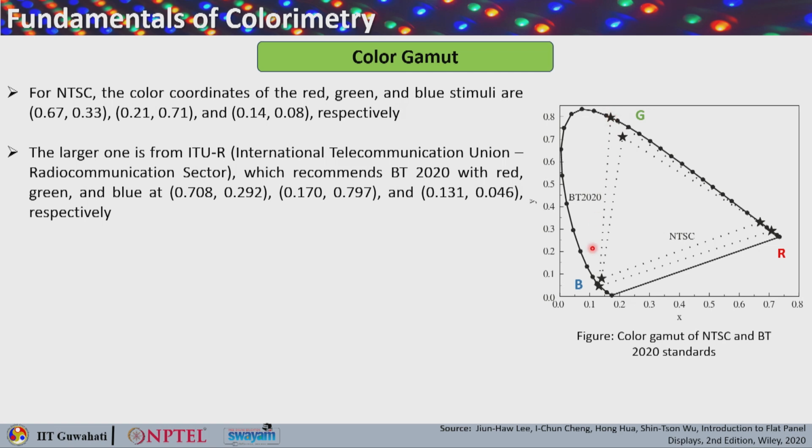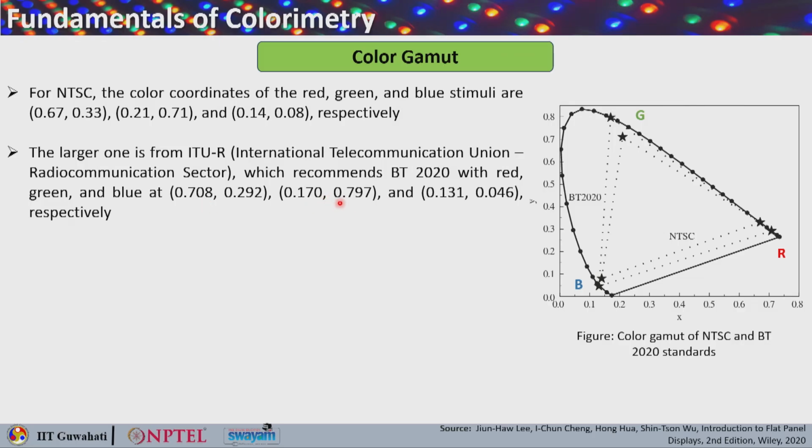Now, if you look at the larger one, that comes from the ITU-R, the International Telecommunication Union Radiocommunication Sector. They recommend this BT 2020 standard because it has a larger triangle, that means a larger color gamut. Here the red, green and blue are more on the monochromaticity line, close to those.